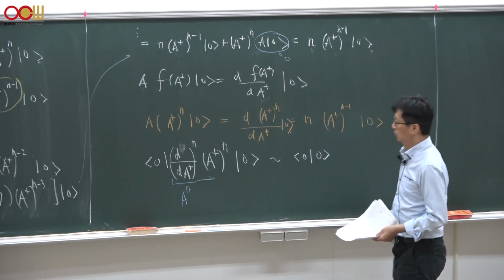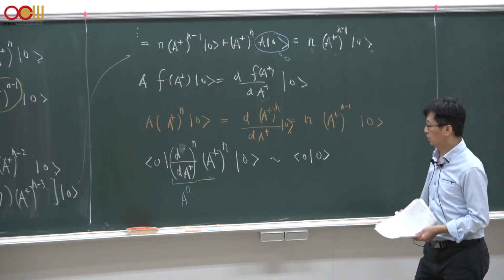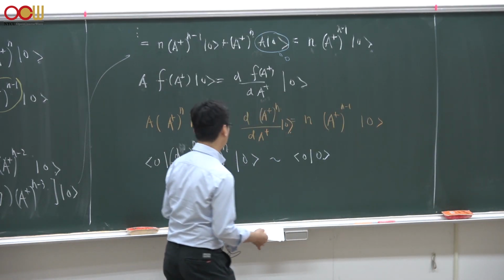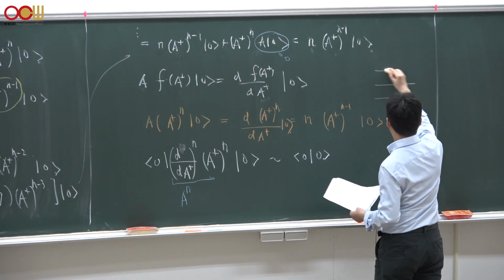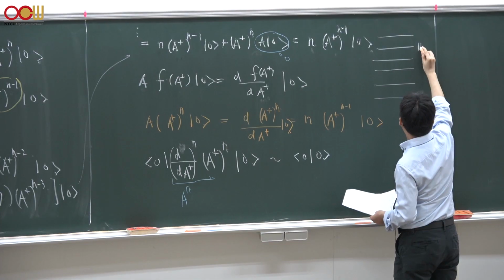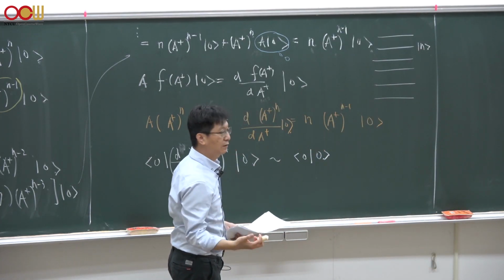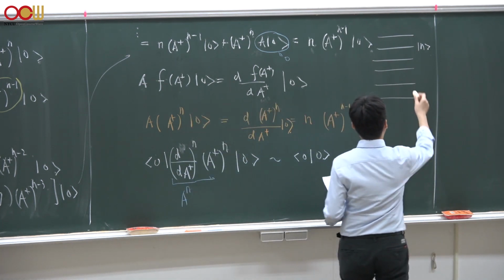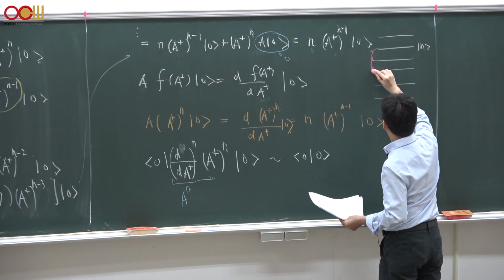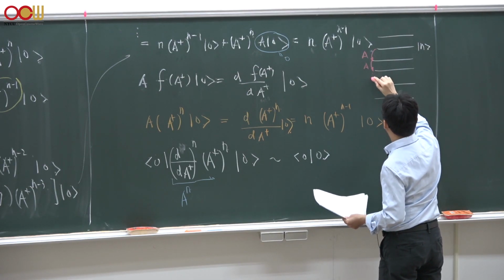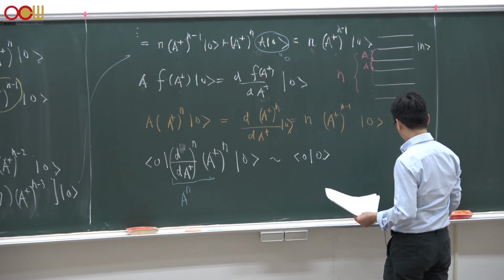So we take the nth order differentiation of this a dagger to the power of n with respect to a dagger. So I will get back to the state 0 because this is the level structure. Suppose I'm here, state n, which is made of a dagger to the power of n, right? Okay, and then I apply operator a n multiple times. Then I should get back to 0.